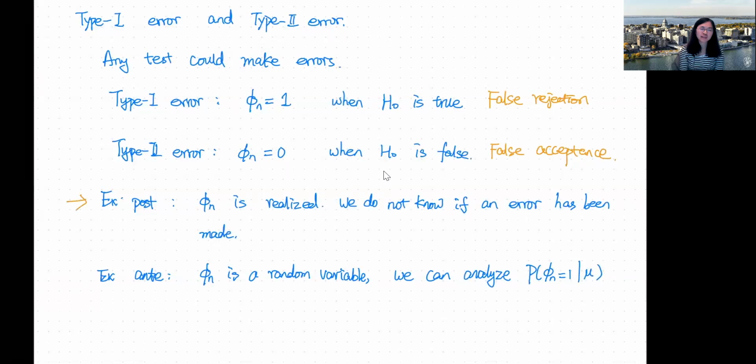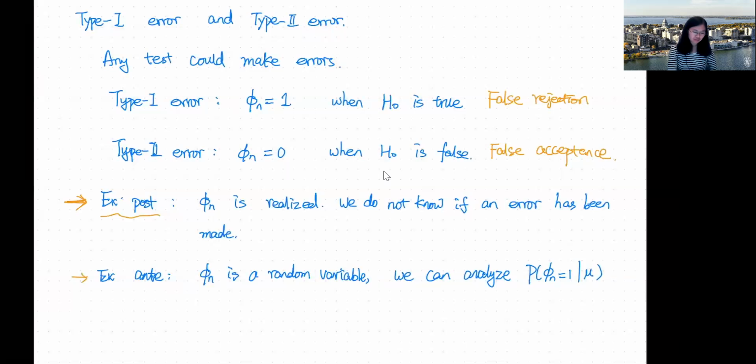Now let's get back to the two points of view that we have been discussing. There is this ex post view and ex ante view for any random experiment. Ex post is after we observe the random sample, after we use the information in our random sample.